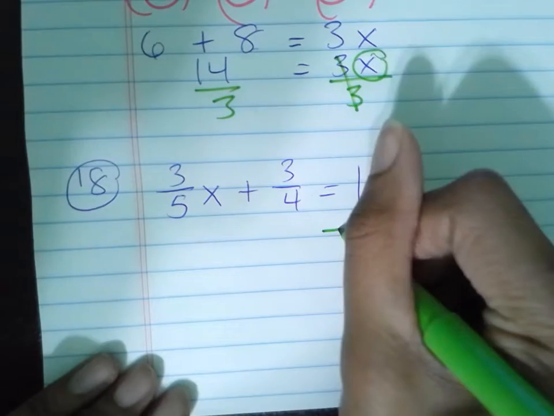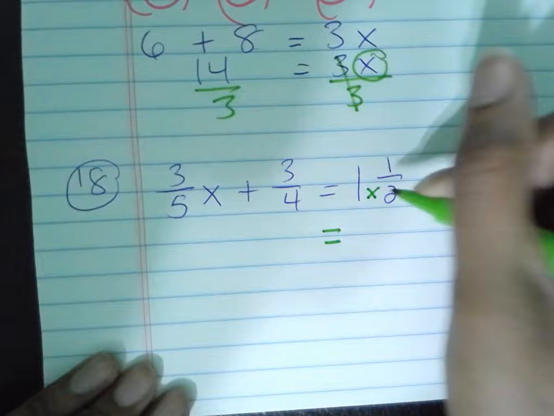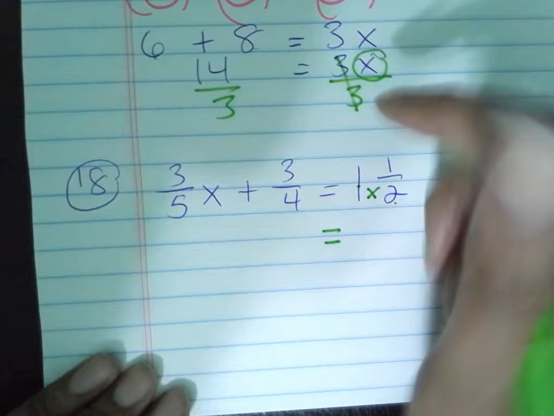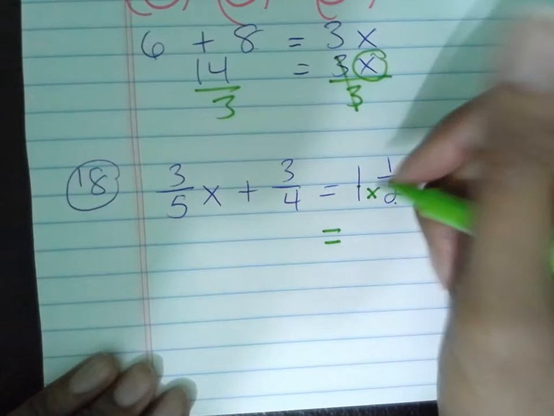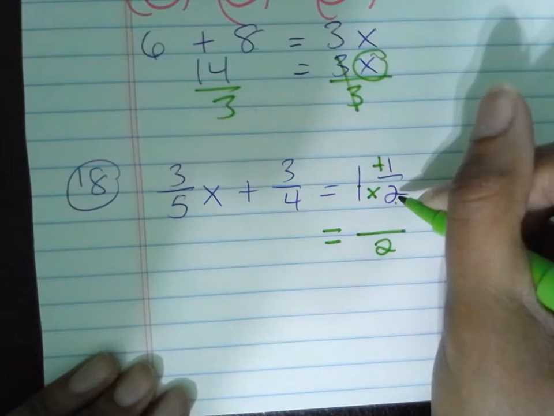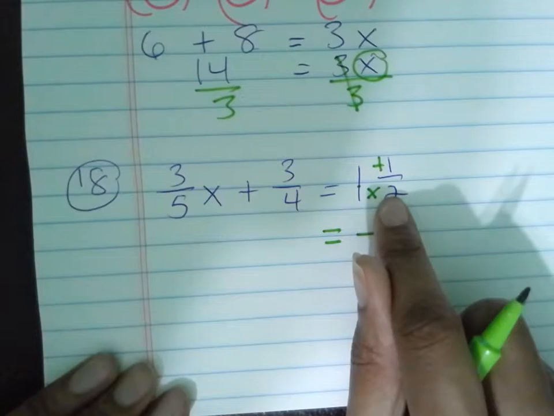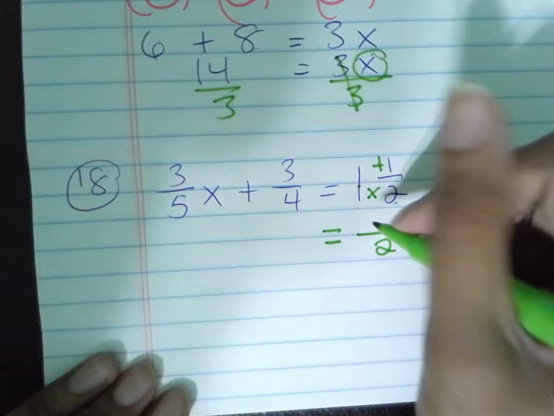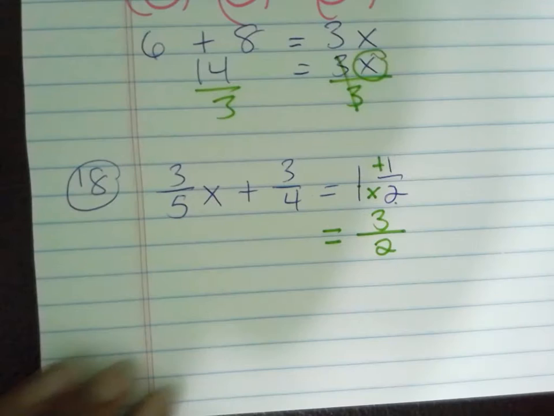You multiply the whole number to the bottom, and then you add the top to get the top. The bottom stays the same, so I keep the 2. 1 times 2 is 2, 2 plus 1 is 3. That's how I change this mixed number into an improper fraction. And I just bring everything else down.